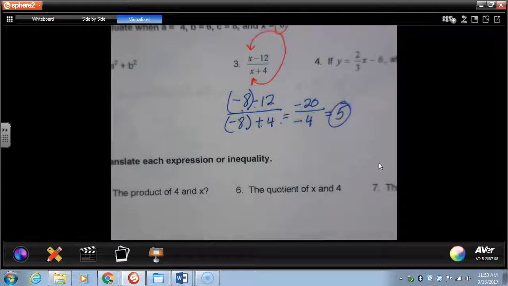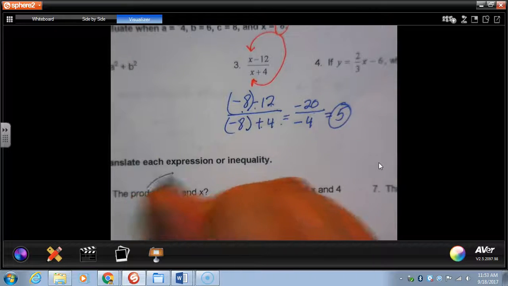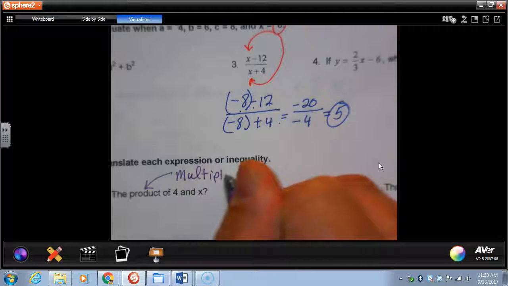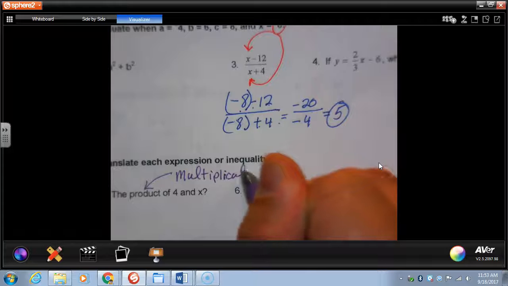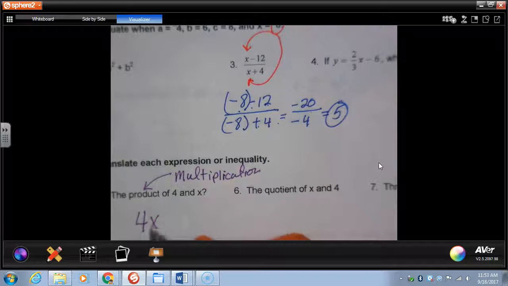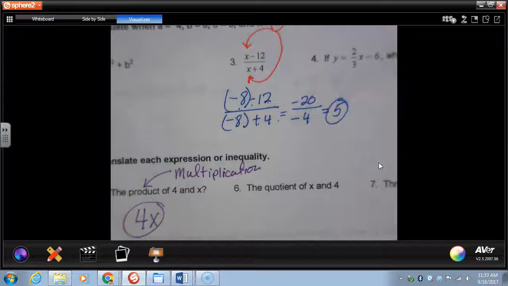Okay, everybody got their 1.3 translation sheet, correct? Okay, let's see, what does product mean? That's right, multiplication. So the product of 4x, you can leave it just like that, 4 times x.